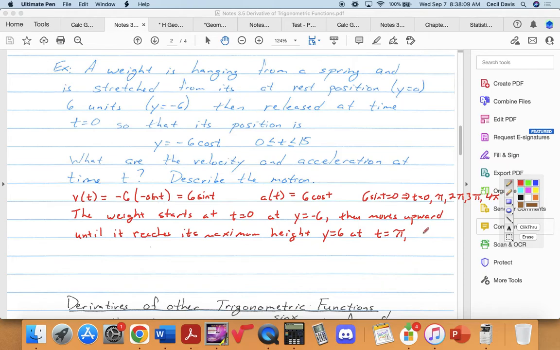All right, so what's going to happen then? Well, then it's going to move downwards, until it reaches its minimum height.